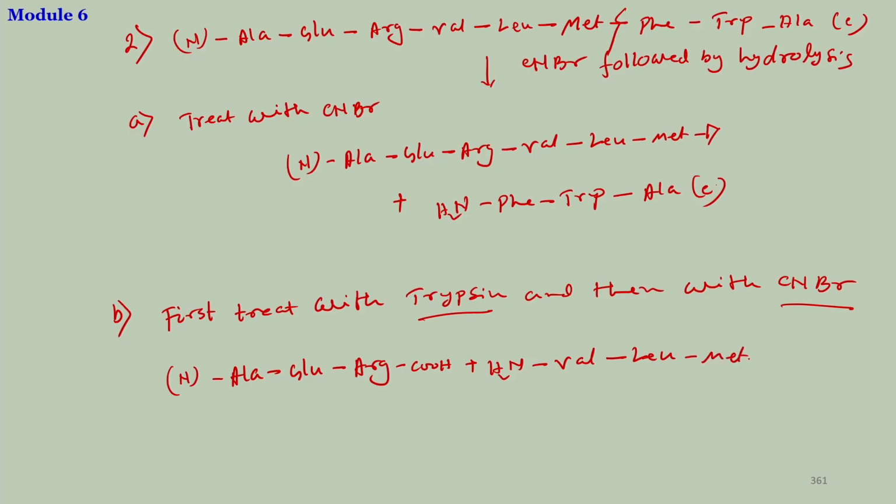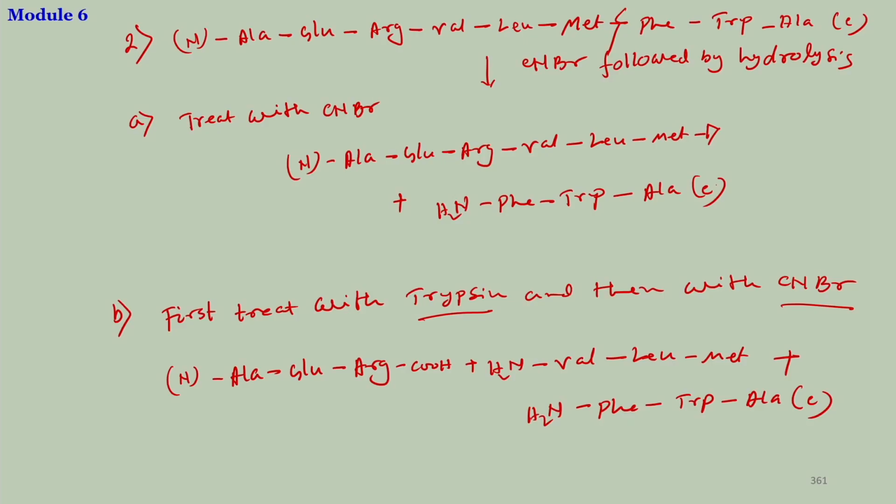Then you have methionine. You have used CNBr, so it will cleave after methionine. It will stop there, plus amine, phenylalanine, tryptophan, alanine. These would be your products. These are the 3 fragments that you will obtain.